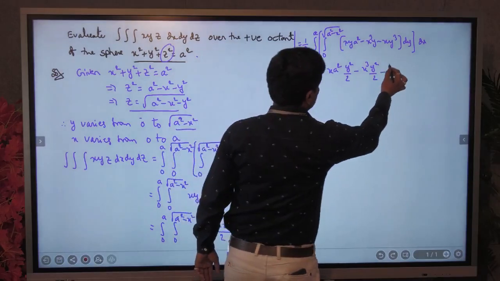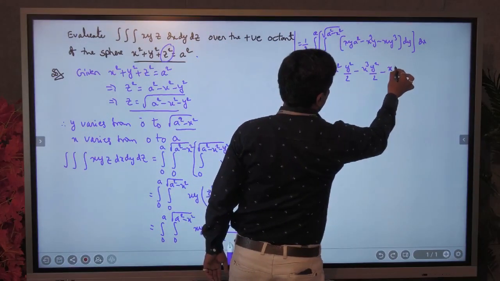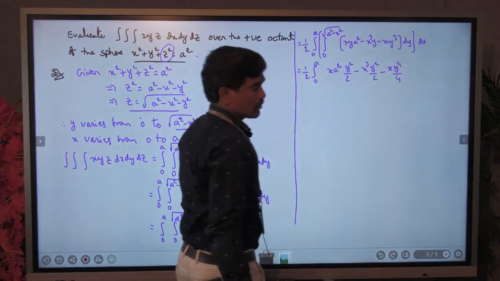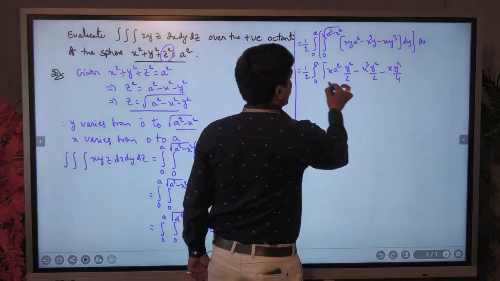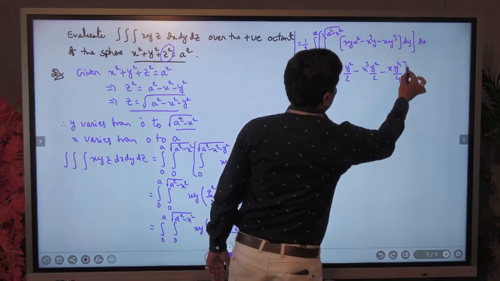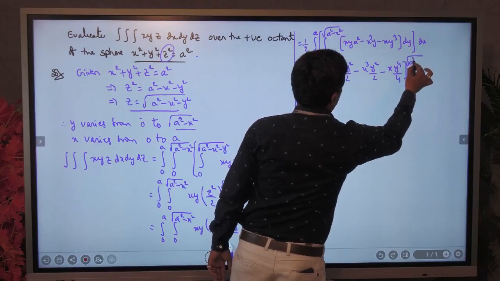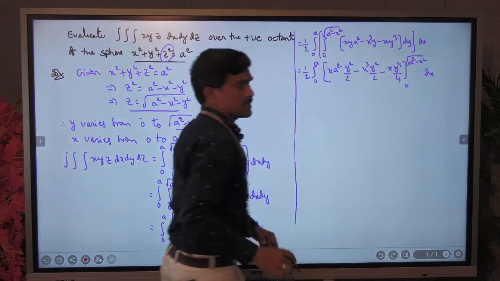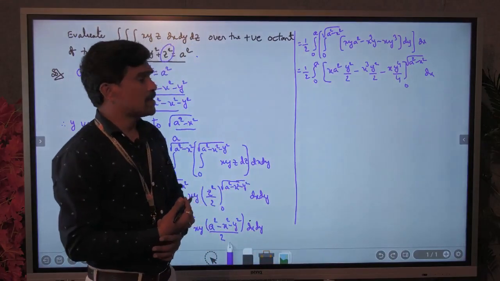Next, minus x constant, y cube integration is y power 4 by 4. Right? So here integration is over. Limits 0 to square root of a square minus x square into dx. Now substitute upper limit and lower limit.